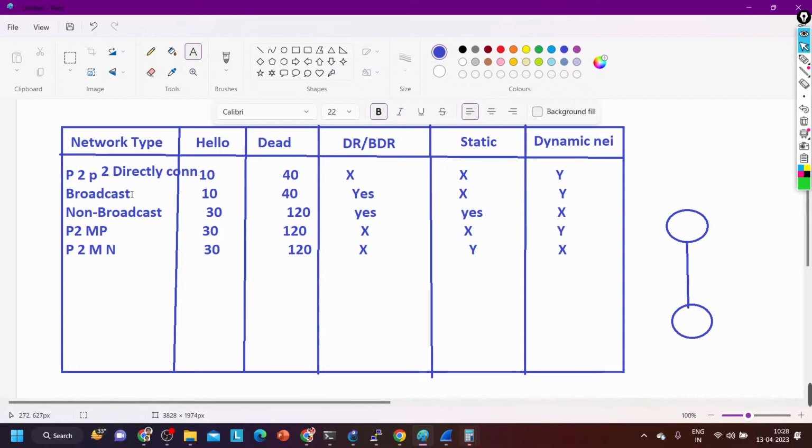Broadcast should be in the multi-access segment. Whenever we have more than two routers connected with the same segment, that time network type should be what? Broadcast. Now we need to understand non-broadcast network, point to multi-point, and point to multi-point non-broadcast network.